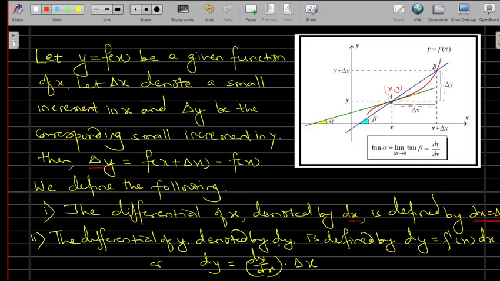The differential of y, denoted by dy, is defined by dy equal to f dash x times dx, that is, dy equals dy by dx times del x.